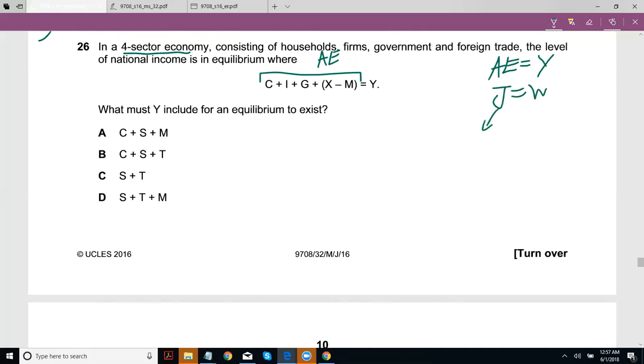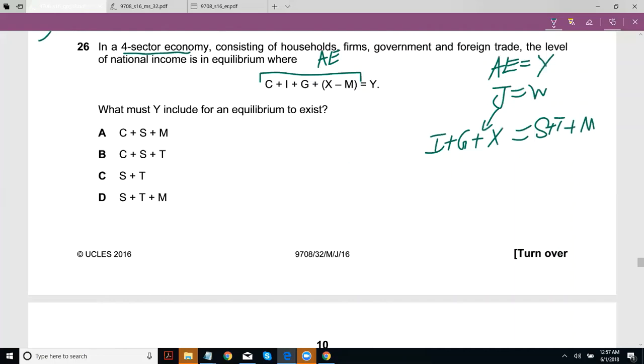So your injections in a four-sector economy are investment, government expenditure, and exports. Your withdrawals are saving, taxation, and imports.